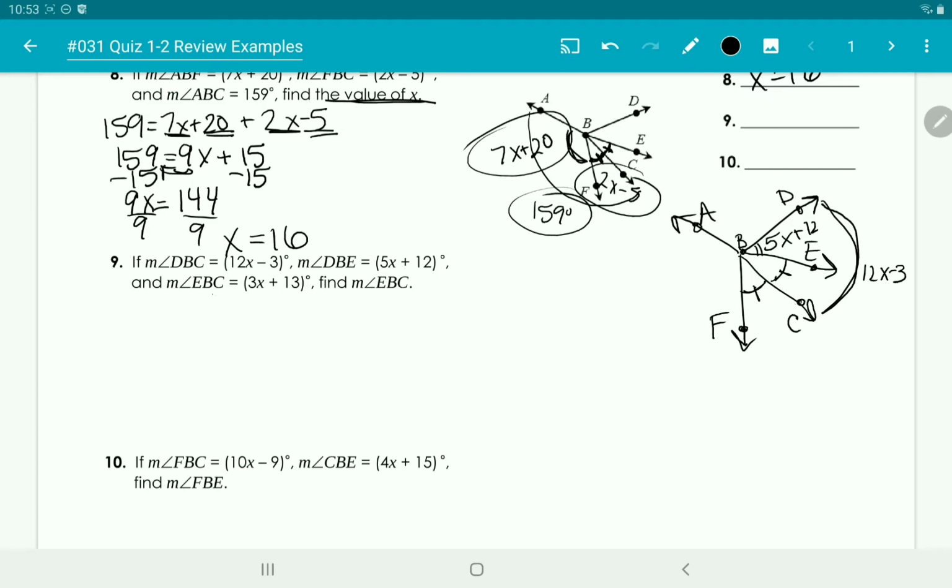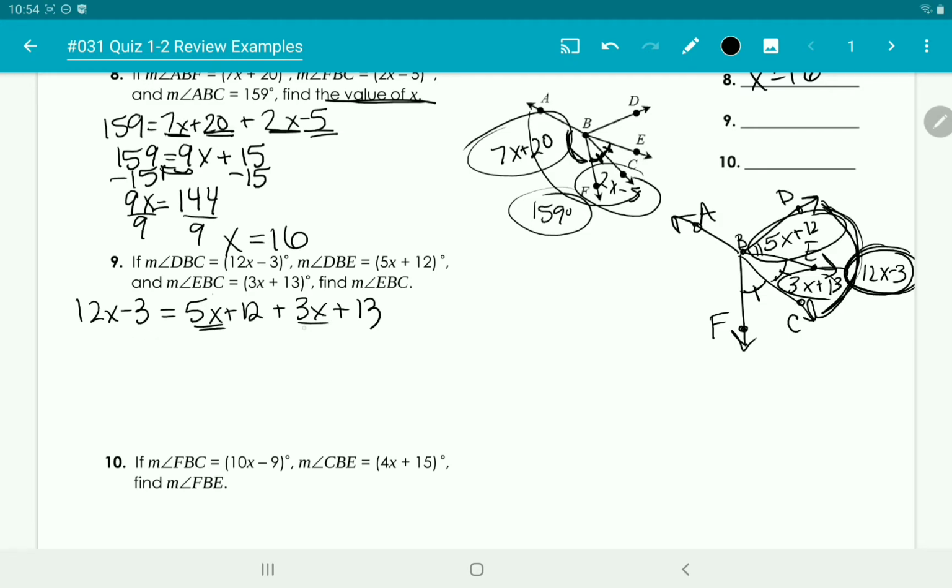And then EBC, this part, is 3x plus 13. Again, the entire angle is going to be equal to the other two added together. So we have this 12x minus 3 is going to be equal to this 5x plus 12 plus 3x plus 13. So these ones added together make up this angle.